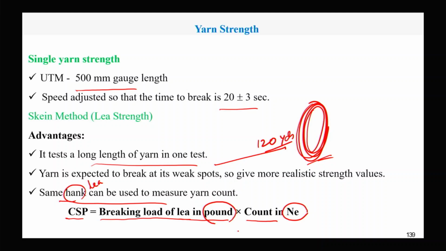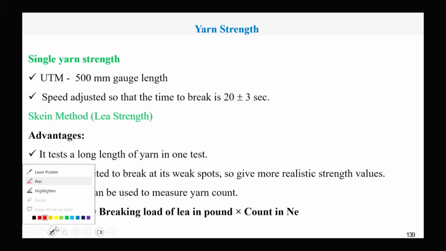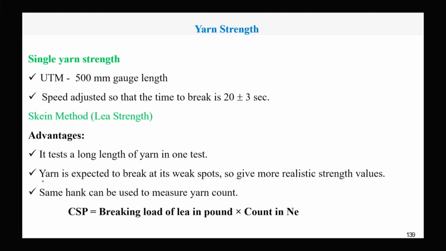Here the logic is that for a particular variety of cotton, the CSP for a certain range of yarn count is almost constant. CSP value is constant within a certain range.